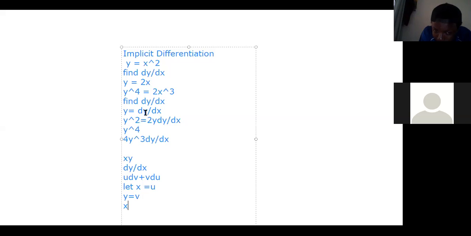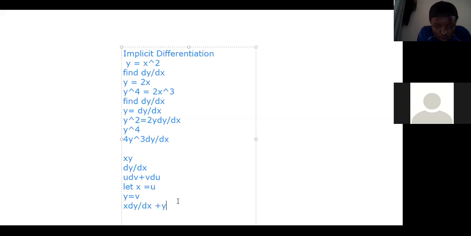Are we getting it? Yes, sir. So we are going to get dy/dx plus, then we come and keep v. v is what? y. Yeah. Then we come and differentiate what? x, which is u. So when we differentiate x, what are we getting?